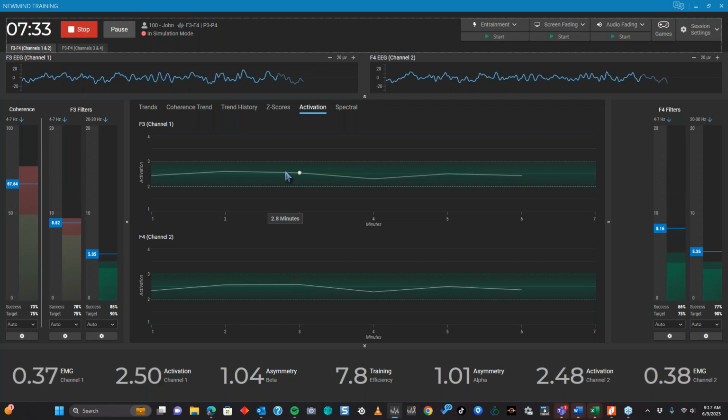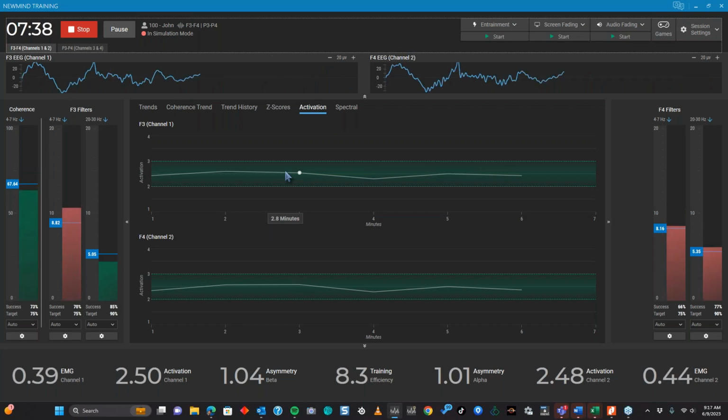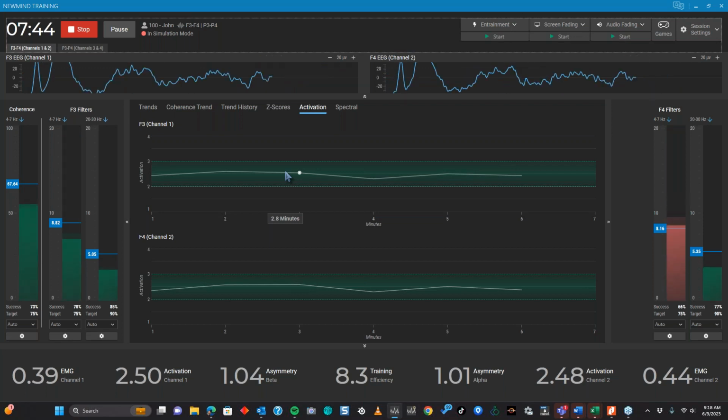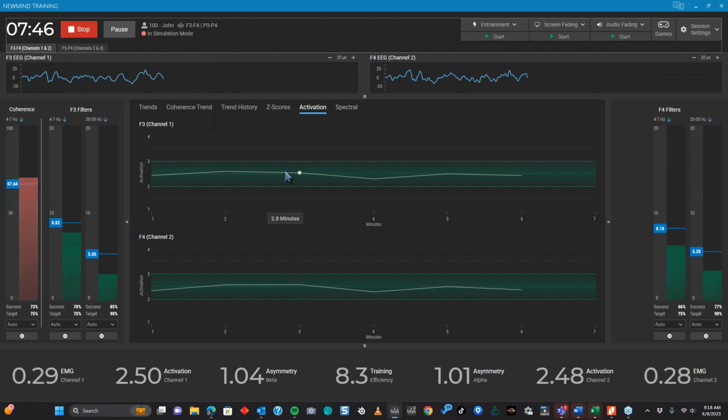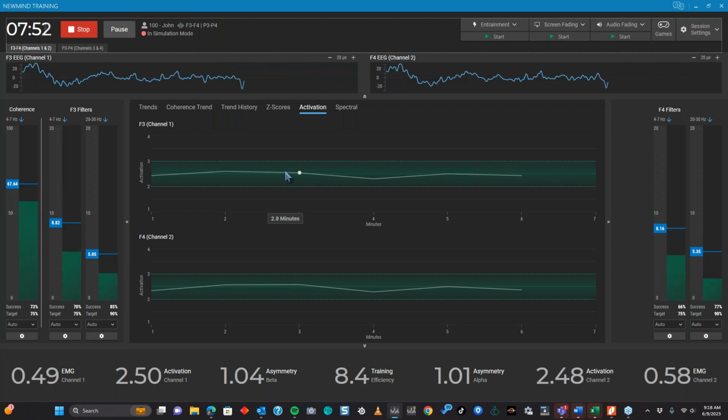So let's just say we're running an asymmetry protocol. We're just working on alpha and beta asymmetry. Delta and theta aren't even in the mix. I'm not going to really be paying too much attention to activation from the standpoint of, is my client improving?